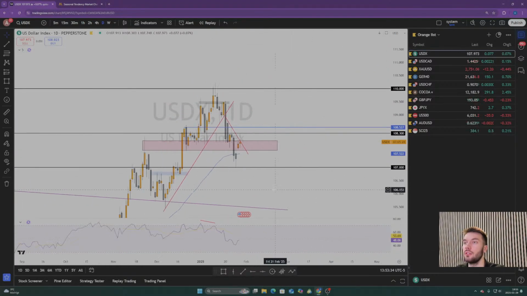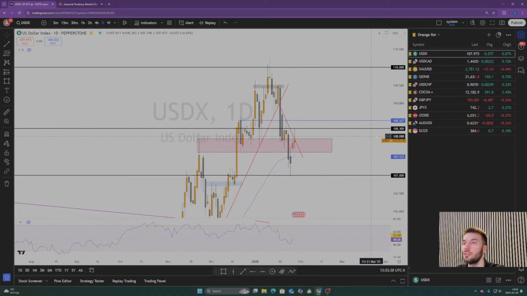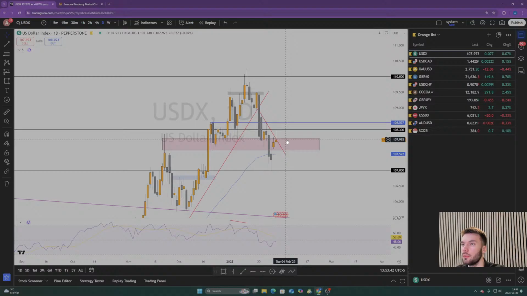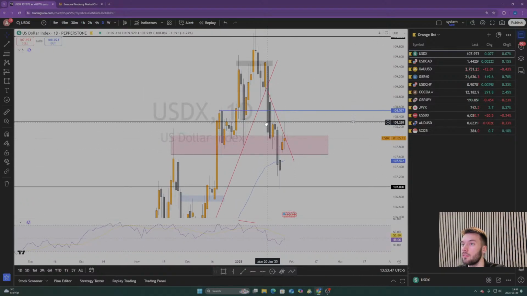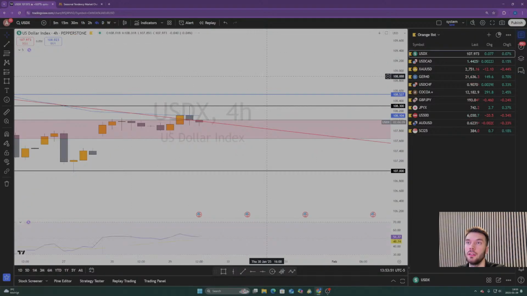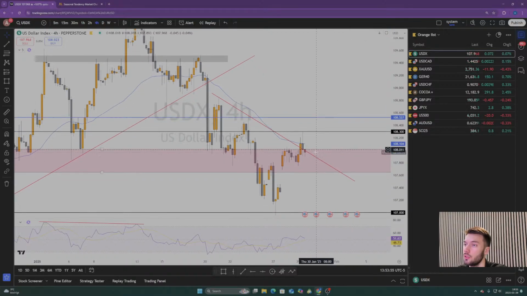Again, dollar looks fine. Hopefully we don't start shooting now again these last three hours of the day we have. I want to see this daily hopefully close within this, not above the red line here. We zoom in, not above the red line. 4 hourly, no reactions as I would like to see at this type of level, EMA level.